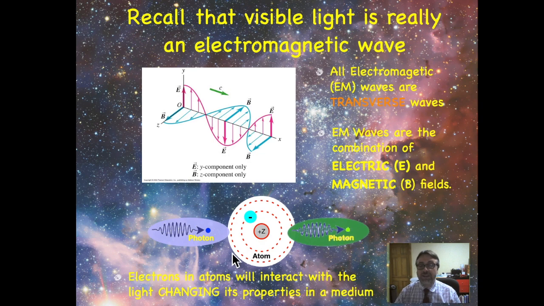In this case, changing it from blue light to green light. Now, how it does that, why it does that at an atomic level is very complicated. But we're going to be looking at it at our level, a macroscopic level. So let's take a look at what happens when light goes from one material into another material.